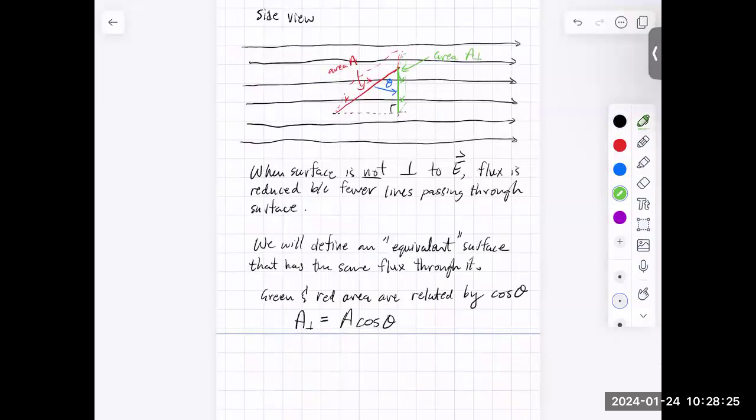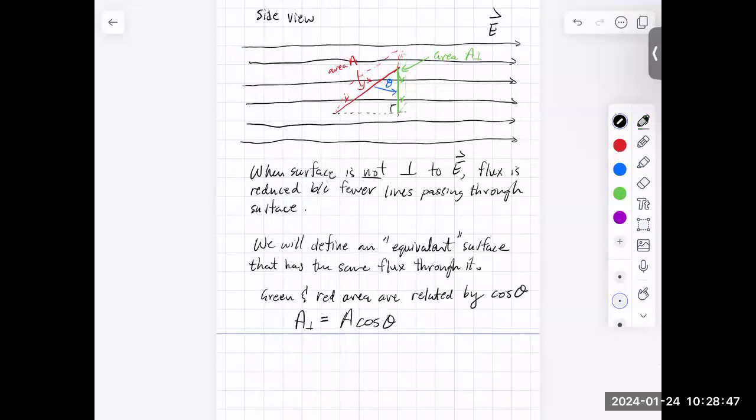Okay, good. So now we have this green surface that's in a uniform electric field. It's a flat surface that's exactly perpendicular to the electric field. And we know how to deal with that case. We just take A perpendicular times the strength of the electric field, and that's the flux.